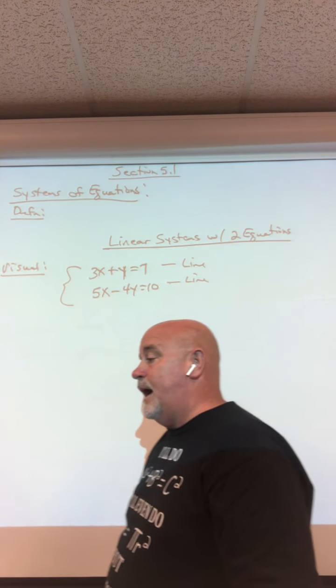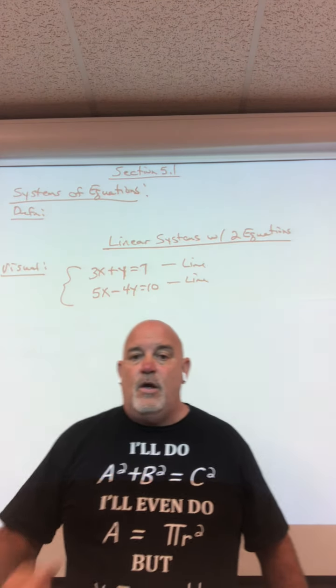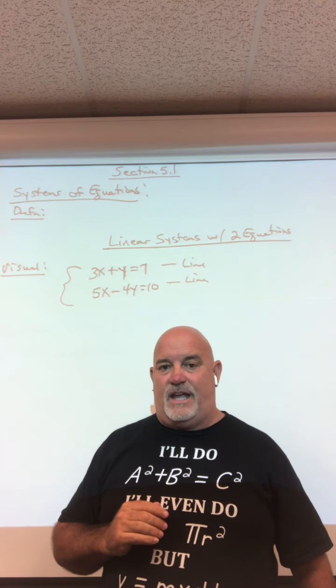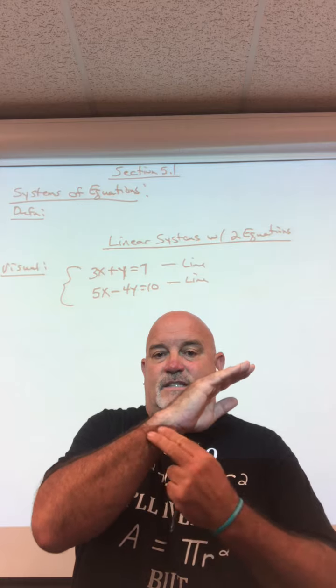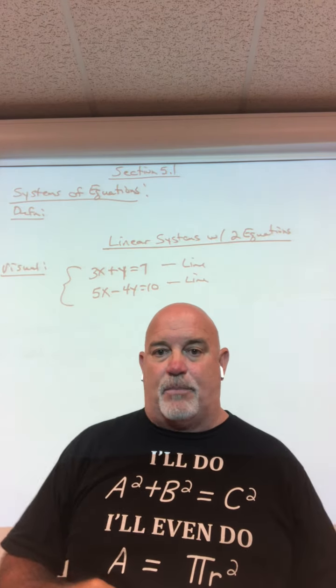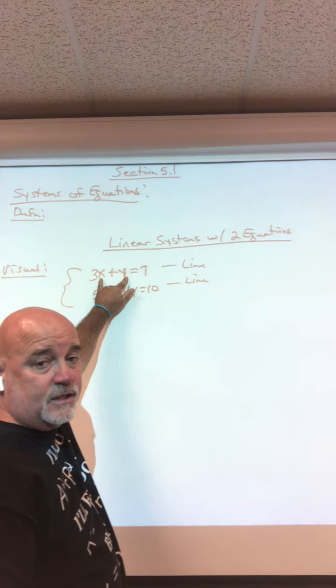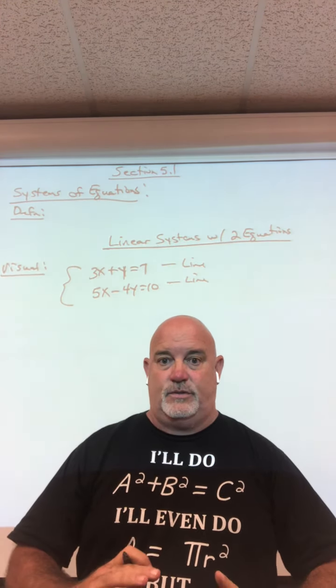All right. Now, I want to show you what it means to solve a system. Remember, whenever you graph a line, what does a graph represent? A graph represents all of the points that are an answer to that problem. An equation that has two variables, every answer is a pair of numbers.